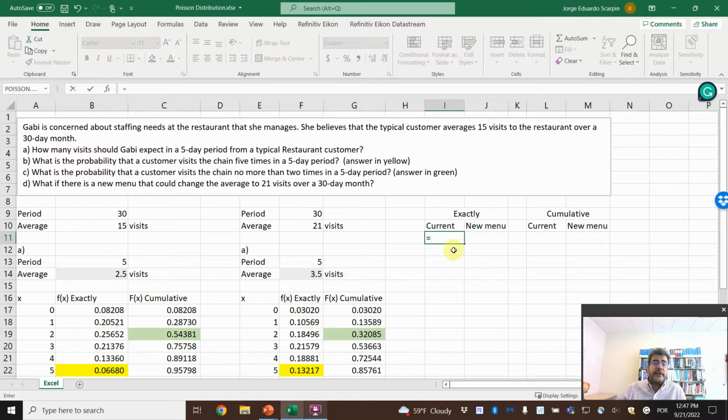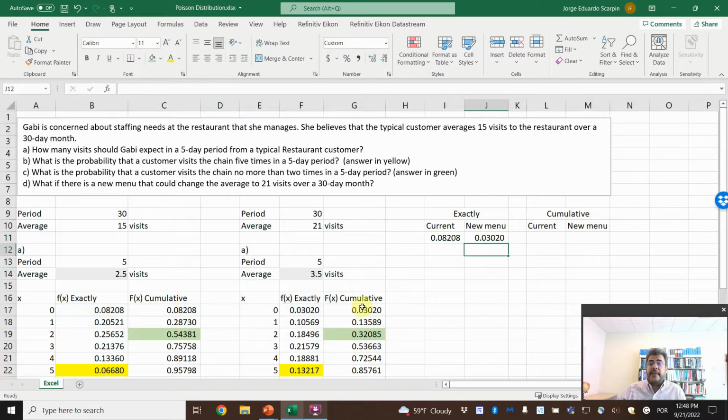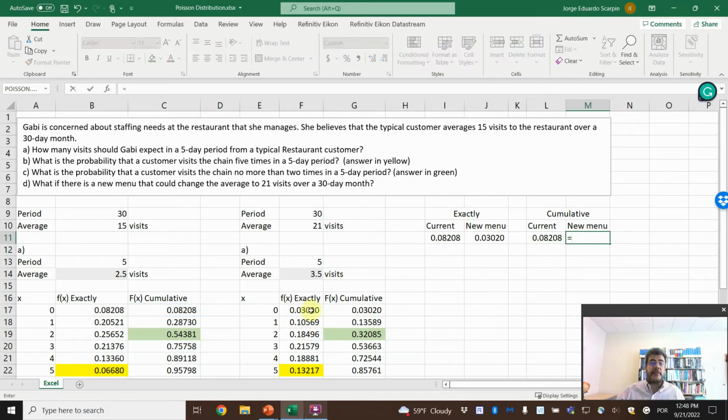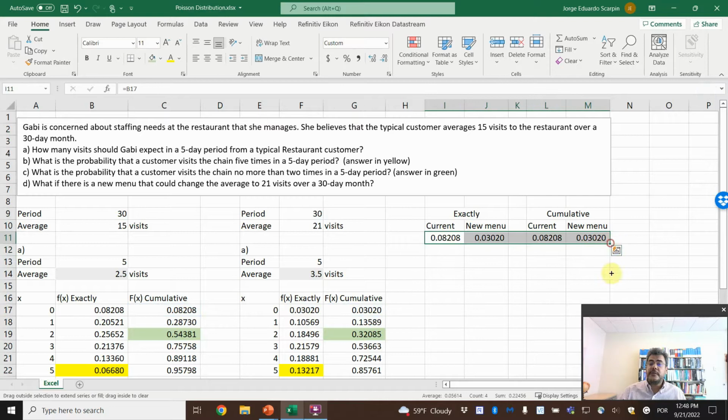So let's chart it. So exactly the current and the new menu, and then let's do the cumulative as well. Current and the new menu. And let's copy and paste.